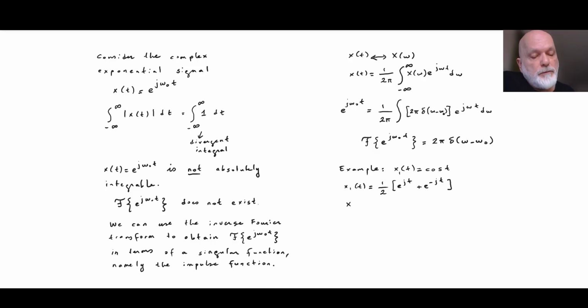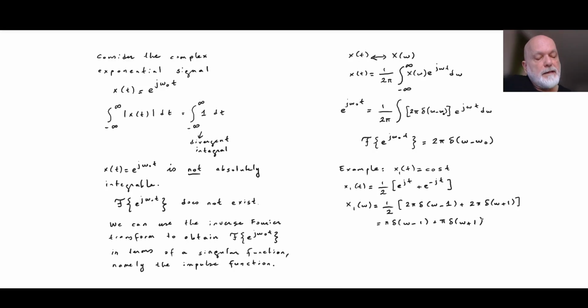So x1 of omega is 1 over 2 [2 pi delta of omega minus 1 plus 2 pi delta of omega plus 1], or pi delta of omega minus 1 plus pi delta of omega plus 1.